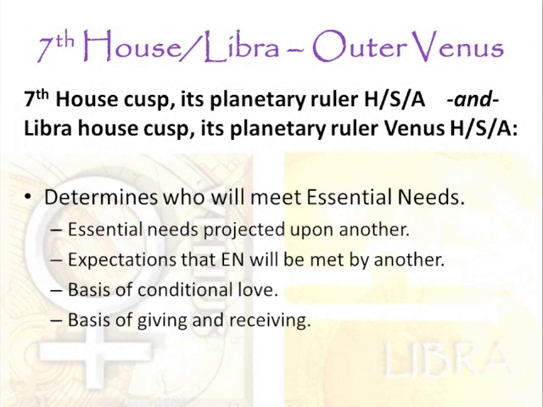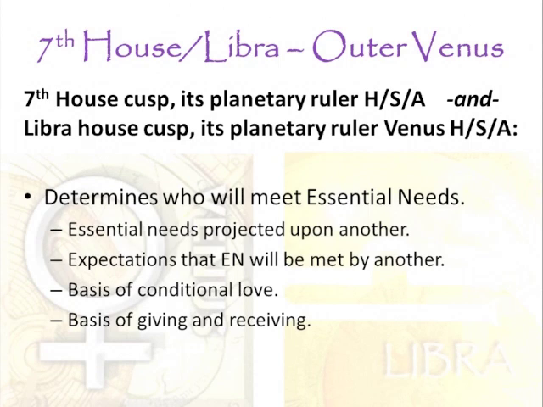Let's look at what happens when we interact with someone who we determine is meeting our essential needs. We project those needs onto them, and we then expect them to meet those needs. And this is what we call that basis of conditional love.